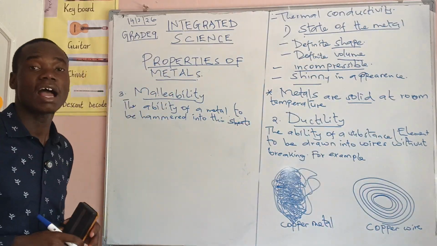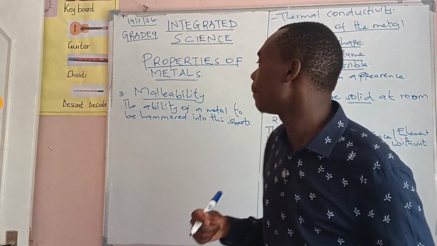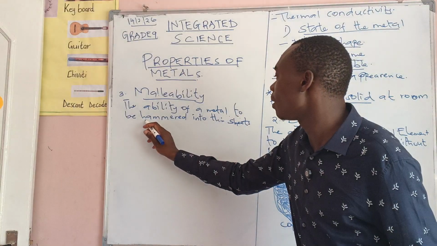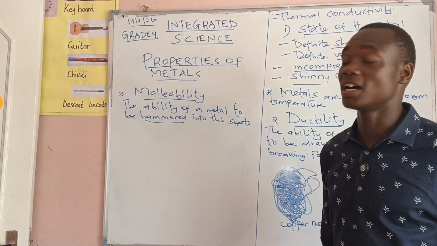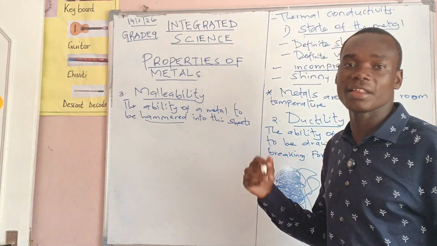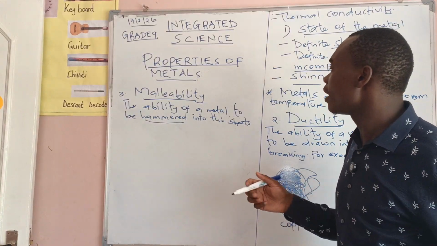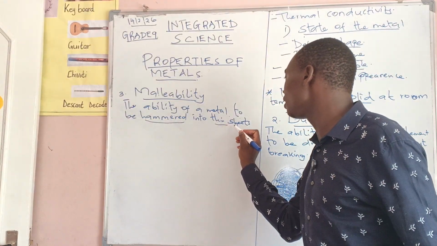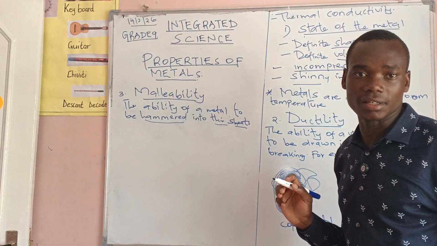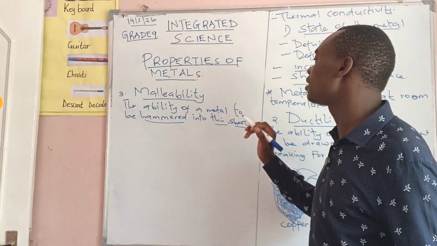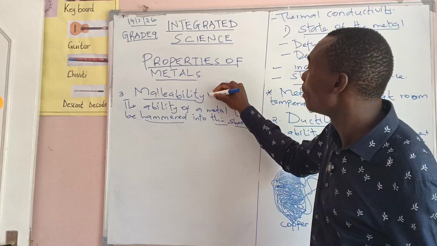So if I have a metal and I want to hammer it using a hammer, from the word hammered, you hammer those metals and then you break them into very thin sheets. That is what we call malleability.